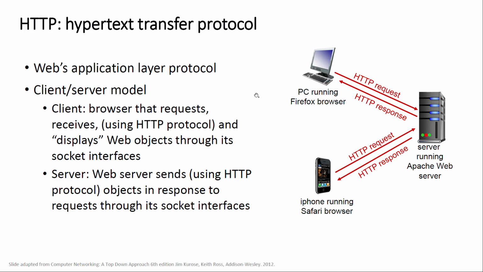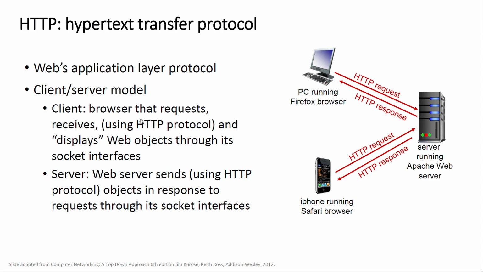So, how does HTTP, the hypertext transfer protocol, work? This is the web's application layer protocol, and it uses a client-server model. As a client, from our browser, either on a computer or a mobile phone or a tablet, the client browser sends a request to the server.